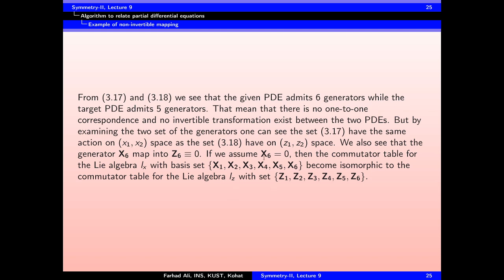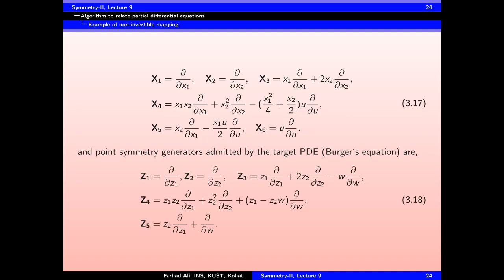We do not put x6 equal to 0, because it's not 0, but we assume that there is no x6, so that we are left with the 5 Lie symmetries here and here, and a mapping can be defined between them.